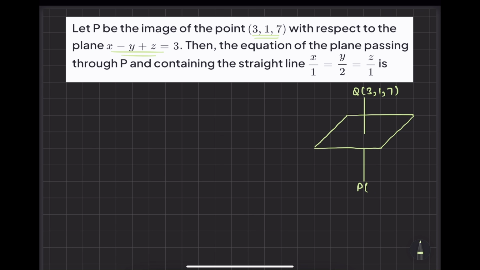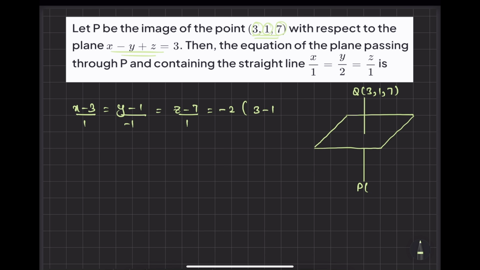So you know the formula of the image: (x minus x1) by coefficient of x, (y minus y1) by coefficient of y, equals (z minus z1) by coefficient of z, equals minus 2 times the point satisfaction, so you have to satisfy the point.